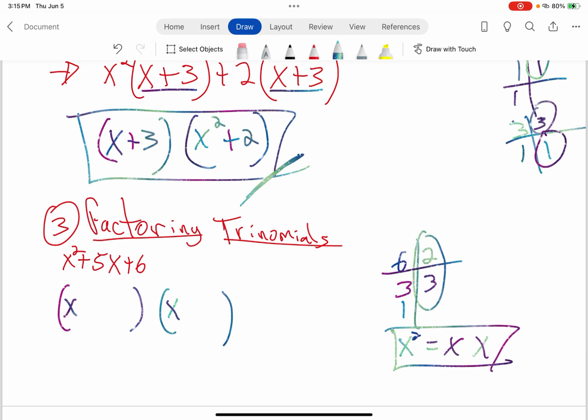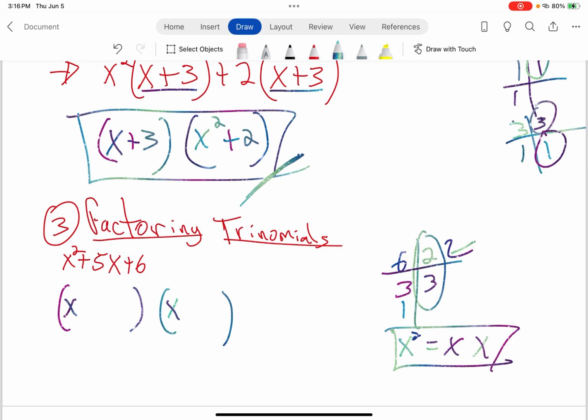Let me see if this will work. 2 times 3 is 6, so the first rule is okay. And when I add those two numbers, I need to get 5. 2 plus 3 is equal to 5. So those two numbers are working.